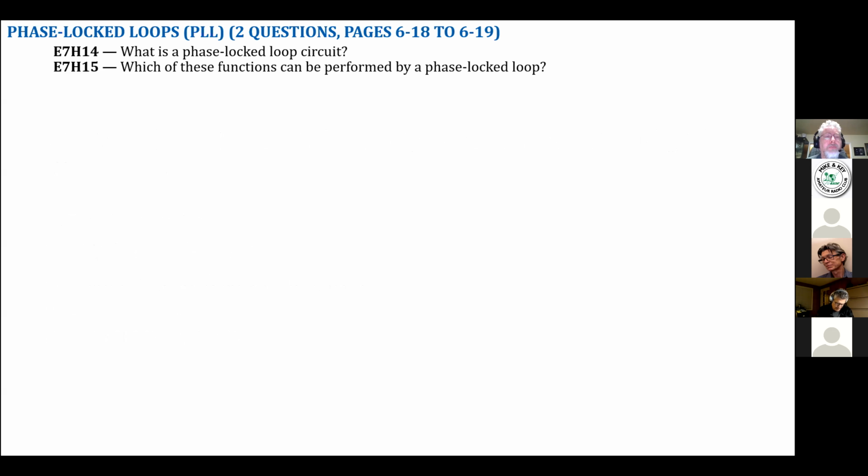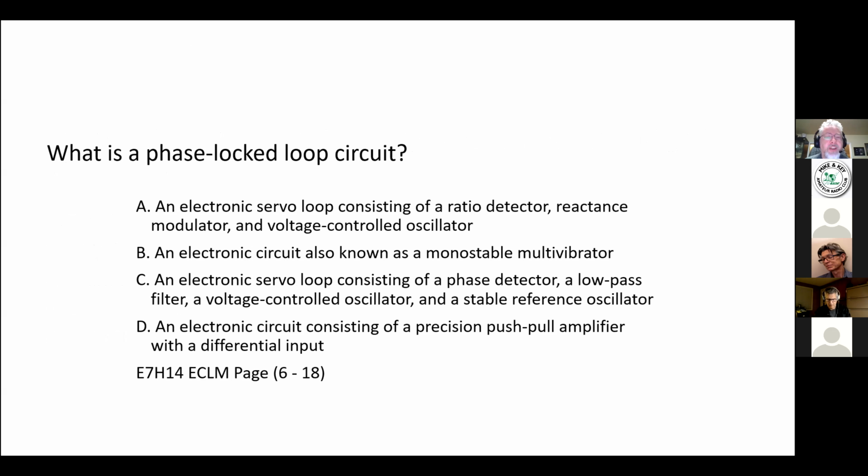Phase lock loops, 2 questions. What is a phase lock loop circuit? A, an electronic servo loop consisting of a ratio detector, reactance modulator, and a voltage-controlled oscillator. B, an electronic circuit also known as a monostable multivibrator.